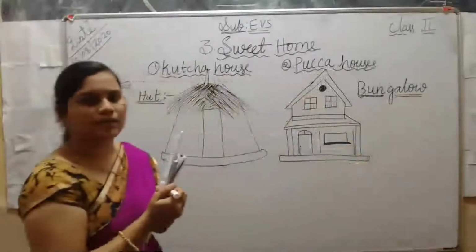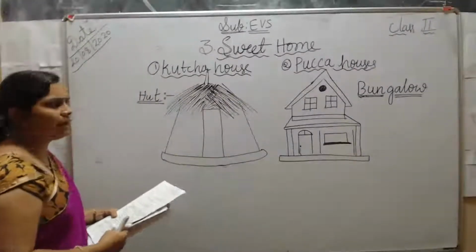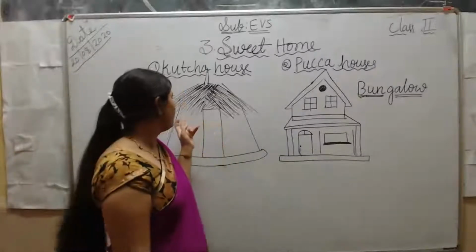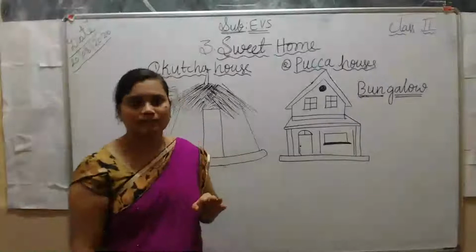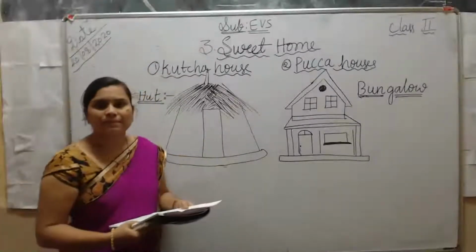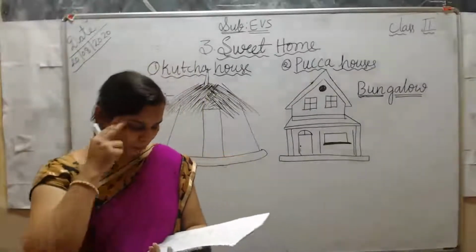What is it made of? A hut is made up of leaves, straw, mud, and sometimes we make it with wood and bamboos.